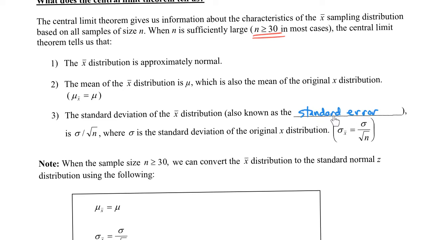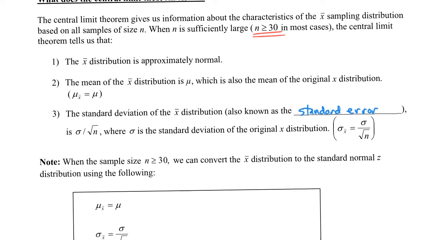Okay, so the standard deviation of the X bar distribution is also known as the standard error. Again, you'll see this on computer printouts for statistical software, and you see it mentioned in the book occasionally. I don't usually say it, I just say the standard deviation of the X bar distribution. But the standard error is this, same as we saw before, where sigma is the standard deviation of the original distribution.